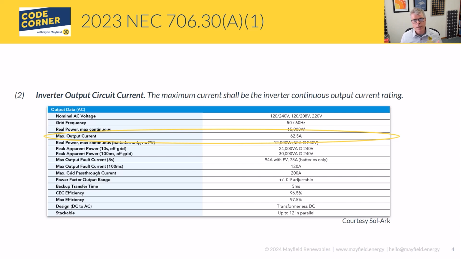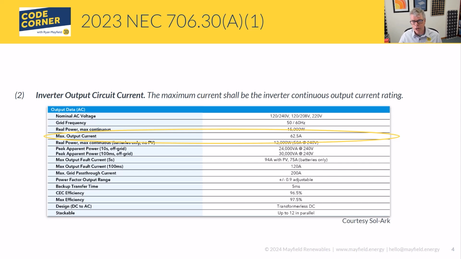Historically this has maybe caught some people up a little bit, because you can see here we've circled what that is for this specific inverter, but you do see other values down below, like maximum fault current, maximum pass-through current, things like that. What we need to be aware of is sizing our conductors properly and making sure that we're doing that right. But as far as the inverter output circuit current is concerned, we're going to be using that value.